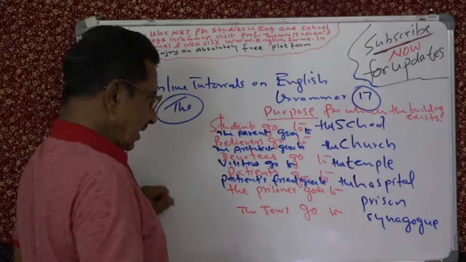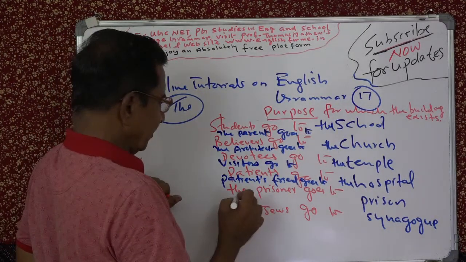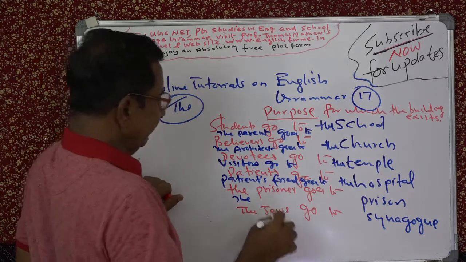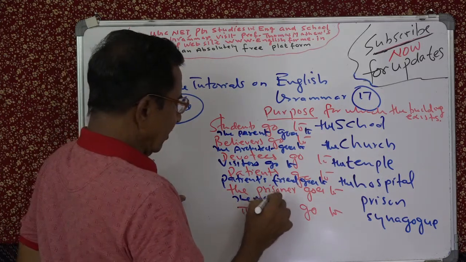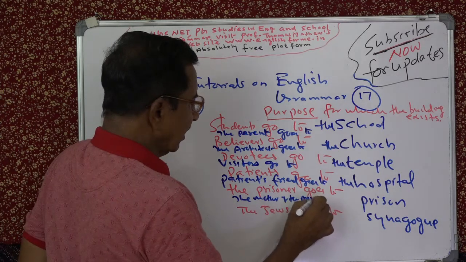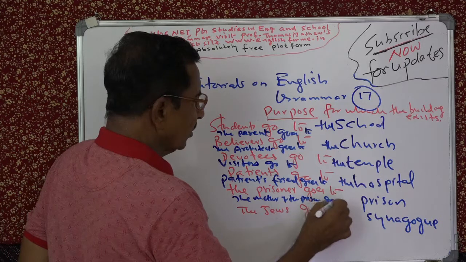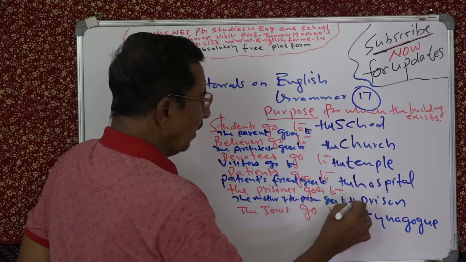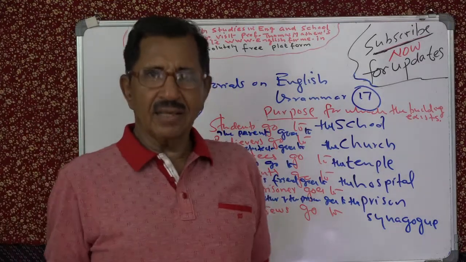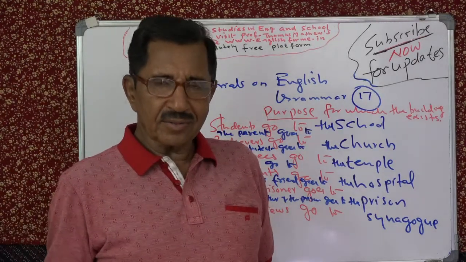Then here you can say, the mother of the prisoner goes to the prison. That is for maybe meeting the guard or something like that.